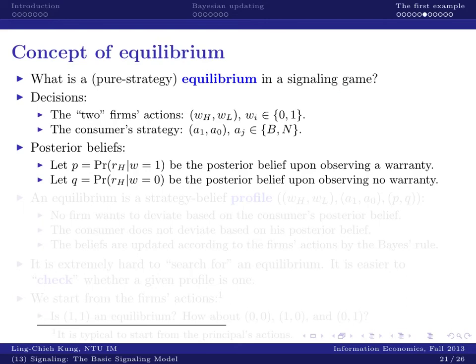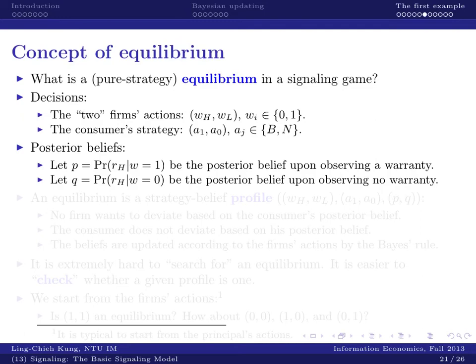There are, in some sense, two firms, or you can say the firm needs to make a plan: if my type is H, what should be my decision? Or if I am unreliable, what should be my decision? Those are warranty decisions. The consumer also needs to build his strategy. If I see W is 1, a warranty, what should I do? Or if there is no warranty, what should I do?